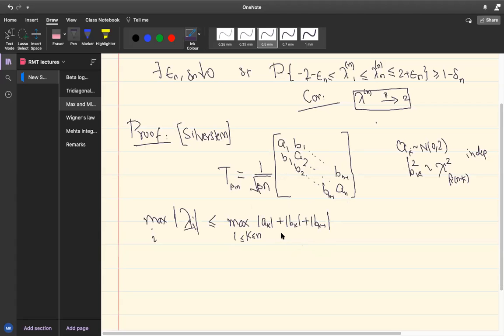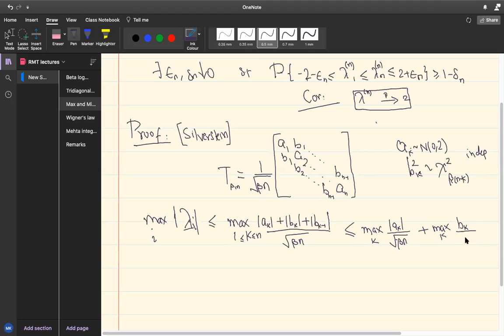But okay, these are not the entries. Sorry, I forgot there is a scaling, so there is a division by square root beta n, the whole thing. So which is anyway bounded by, I can make it easily, less than or equal to, let us take the maximum over k of ak over square root beta n, plus 2 times the maximum over k of bk over square root beta n.